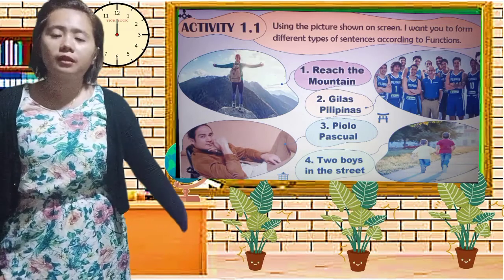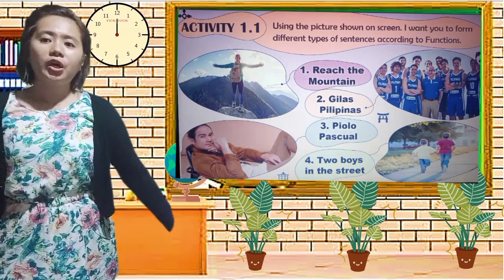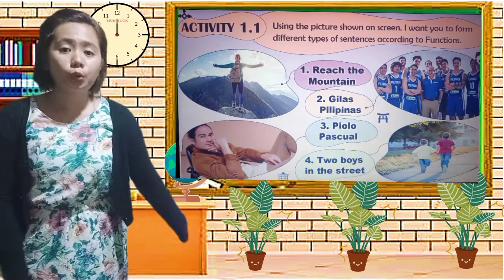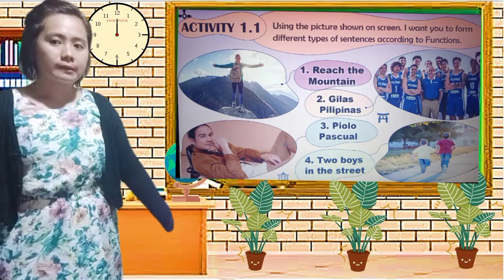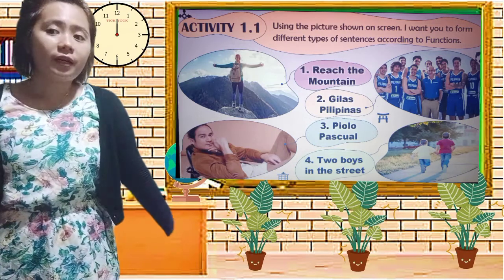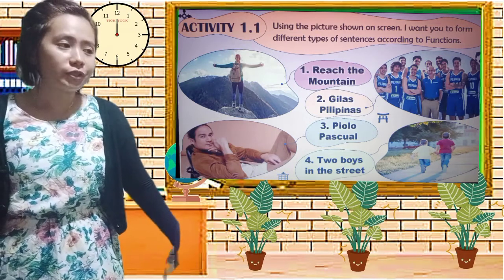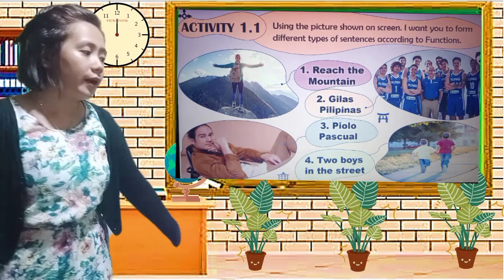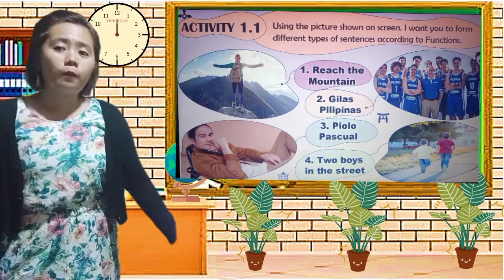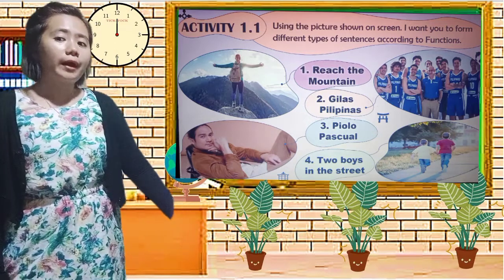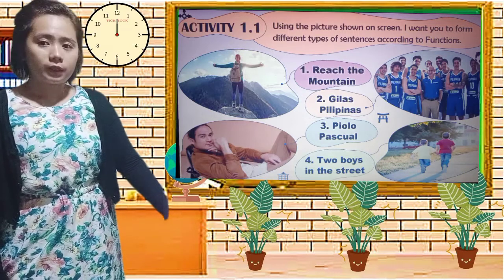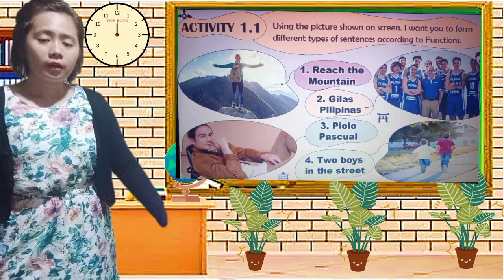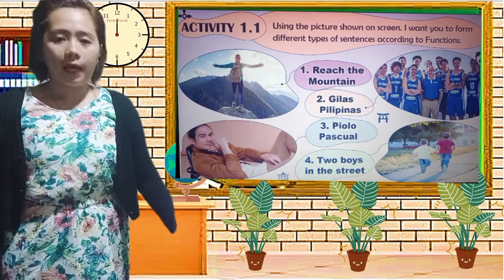So using the 4 types of sentences, you make your own sentence according to functions. Are we clear? Any questions, clarifications about this activity? Okay, none. So, I will give you 15 minutes to answer this activity. Are you ready? Okay, you may start now.